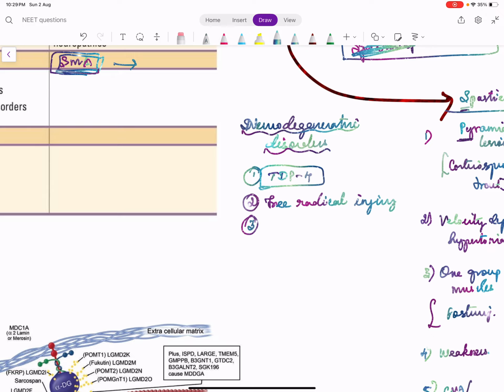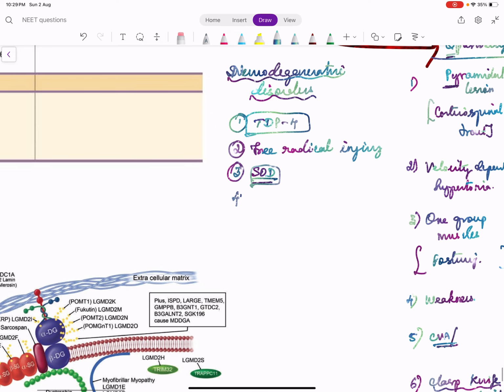The pathway involved is usually the glutamate pathway, or superoxide dismutase is one pathway which is involved. So you treat it with edaravone. There is another drug called riluzole. These are the drugs given for amyotrophic lateral sclerosis.